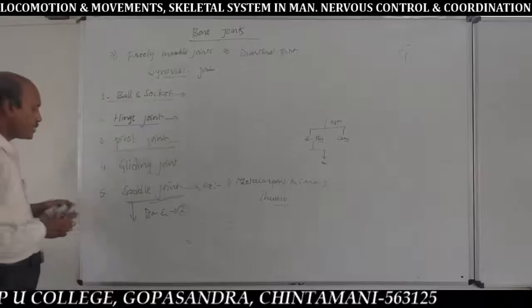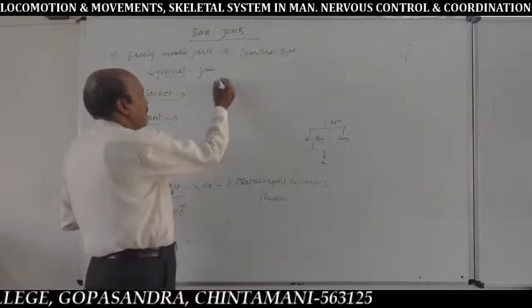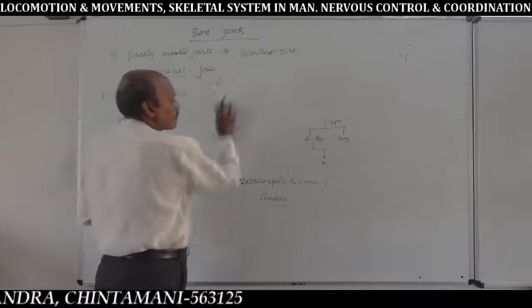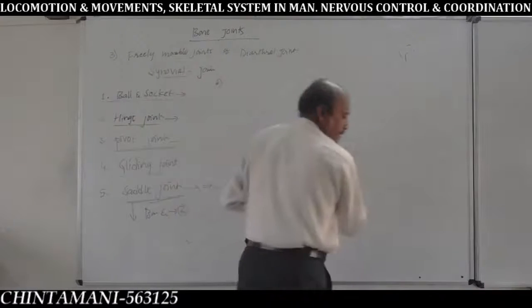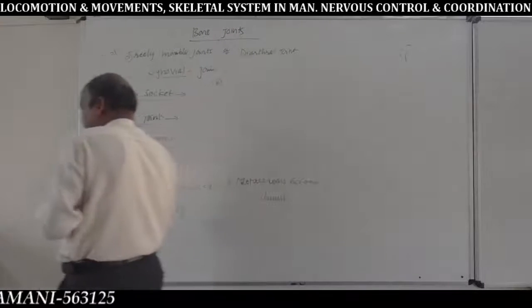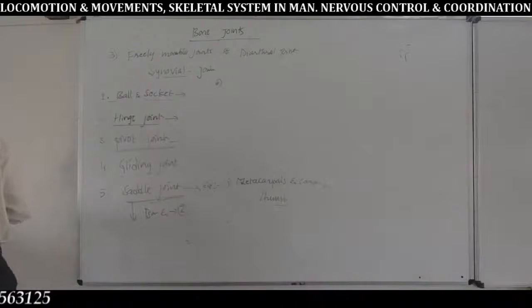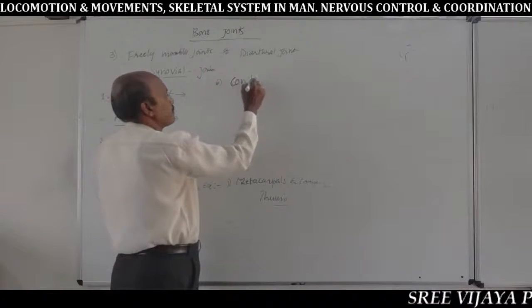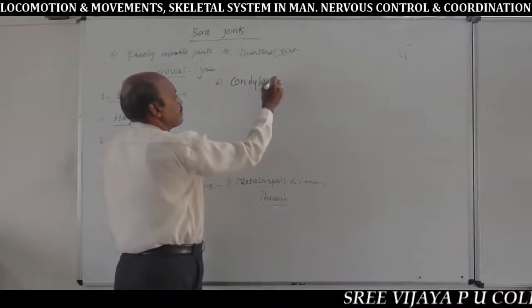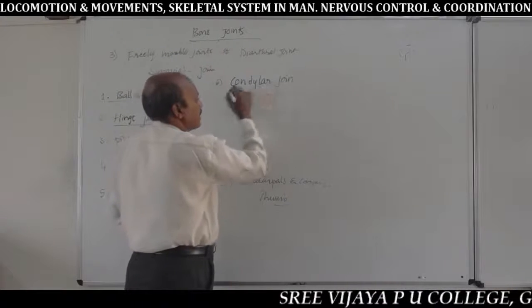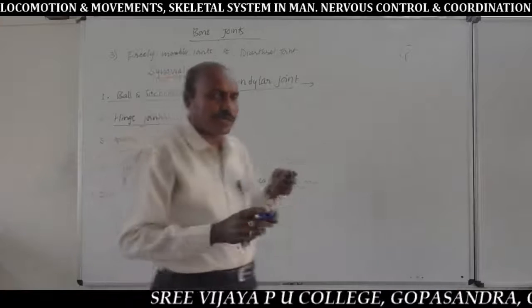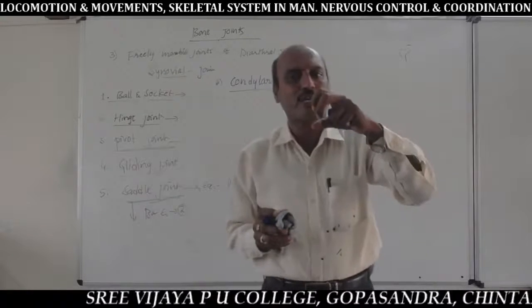Then next to the saddle joint, the last kind of joint is the condylar joint. Here the condylar joint is the articulation of two condyles.